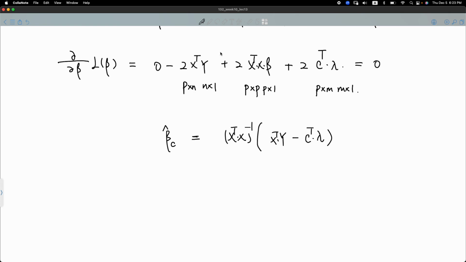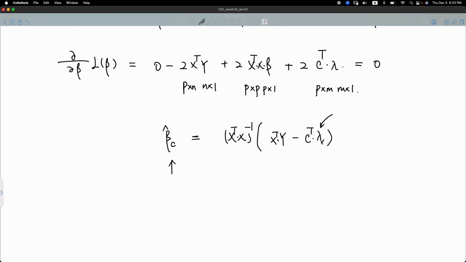However, this particular expression involves the Lagrange multiplier, which you still don't know the value for. So this cannot serve as your final result. So you need to further analyze this particular Lagrange multiplier. And once you have a solution for that, and then plug it into this expression, you will have your final solution for your constraint estimator here.